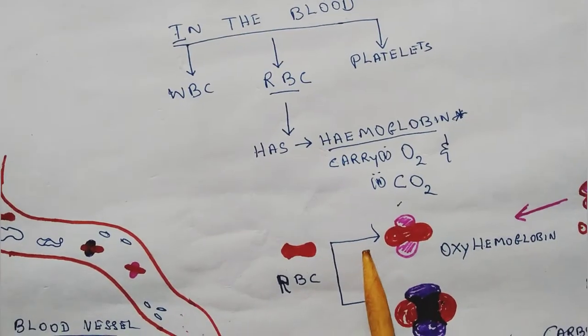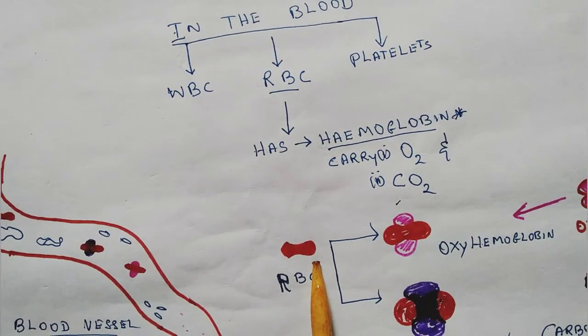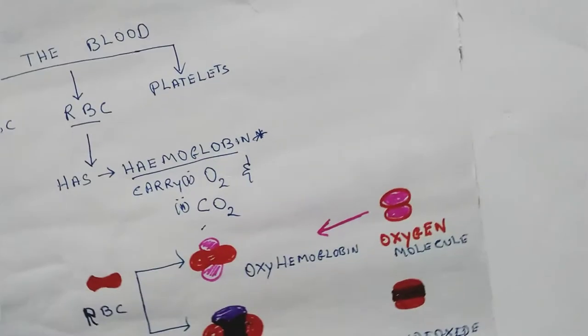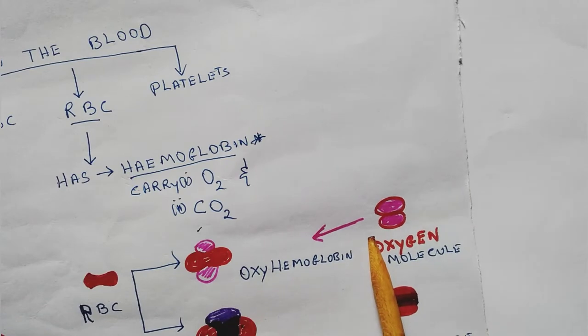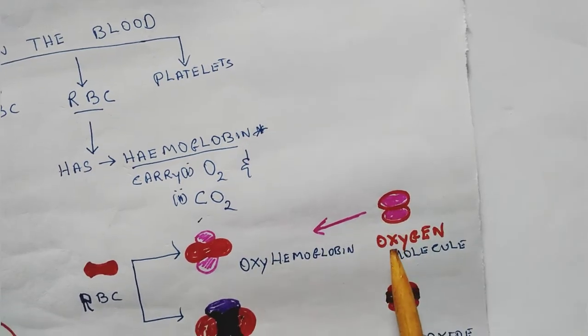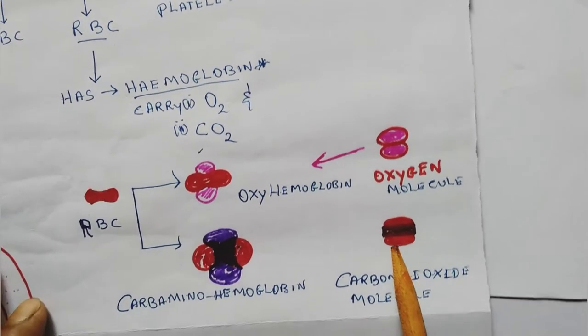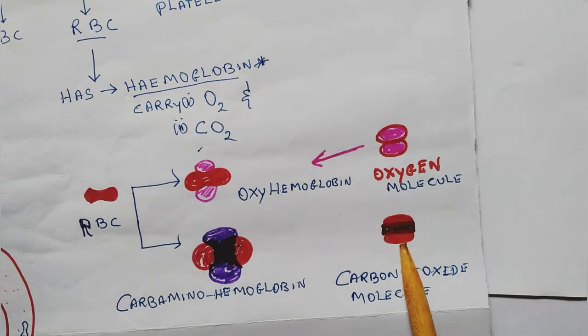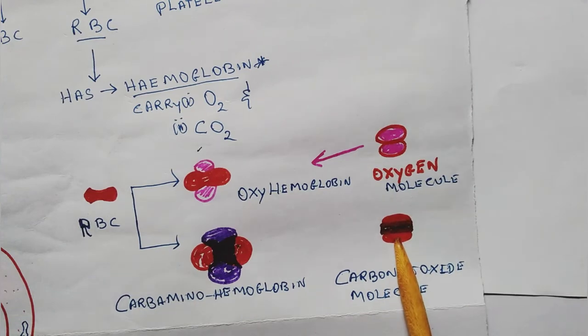Now you look at the molecule of an RBC. The RBC looks more or less like this. It's like a dumbbell shaped structure where it is thin in the middle and thick on the outside or on the edge. The oxygen molecule is more or less like this. And the carbon dioxide molecule looks more or less like this, where C is here dark and oxygen up and down red in color.